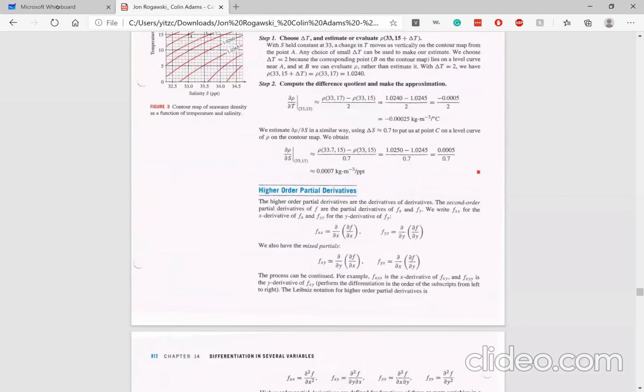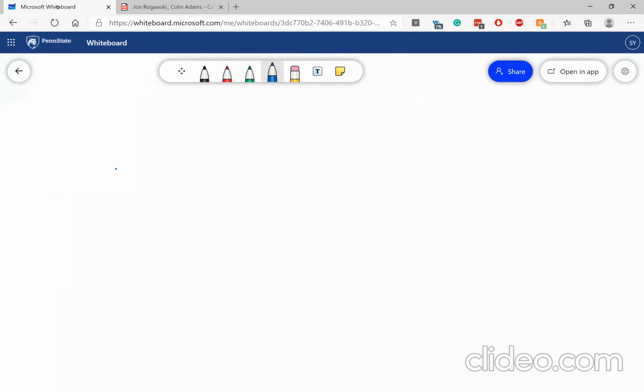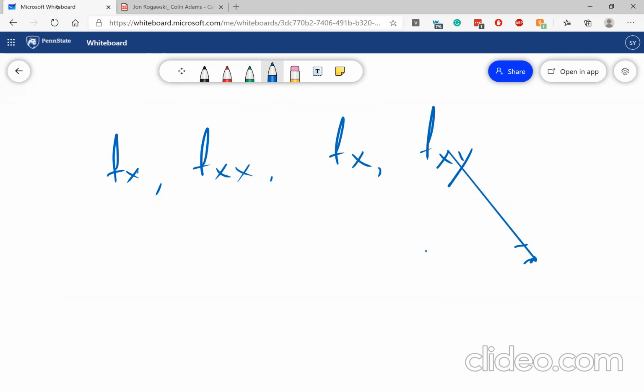So we can take the partial of f with respect to x, and then we can differentiate that with respect to x. Or we can take the partial of f with respect to x and then differentiate that with respect to y.